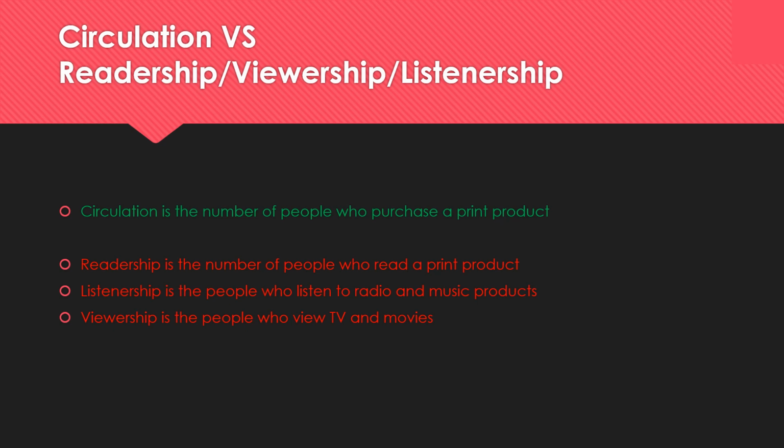Listenership is the people who listen to it. And viewership is the people who view the TV and movies. So the circulation is the actual distribution. It's how many people in total are reading those particular things or viewing that particular product. And the others are the number of people who read, listen, and view.